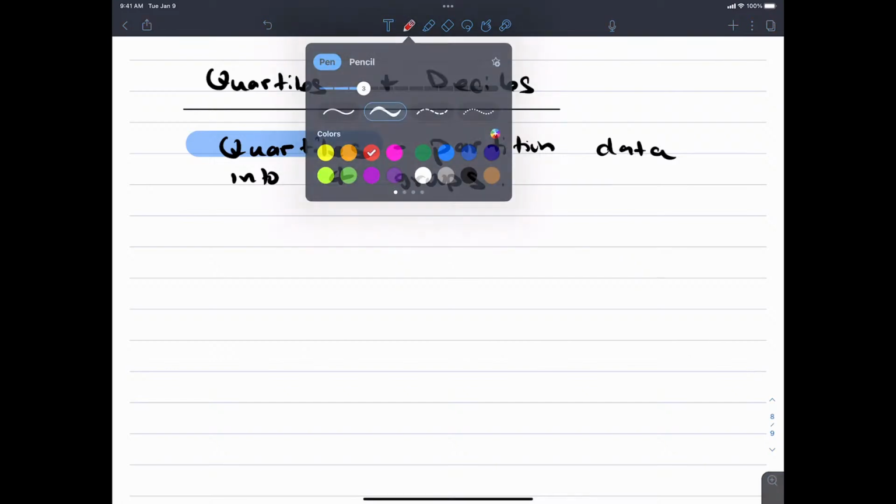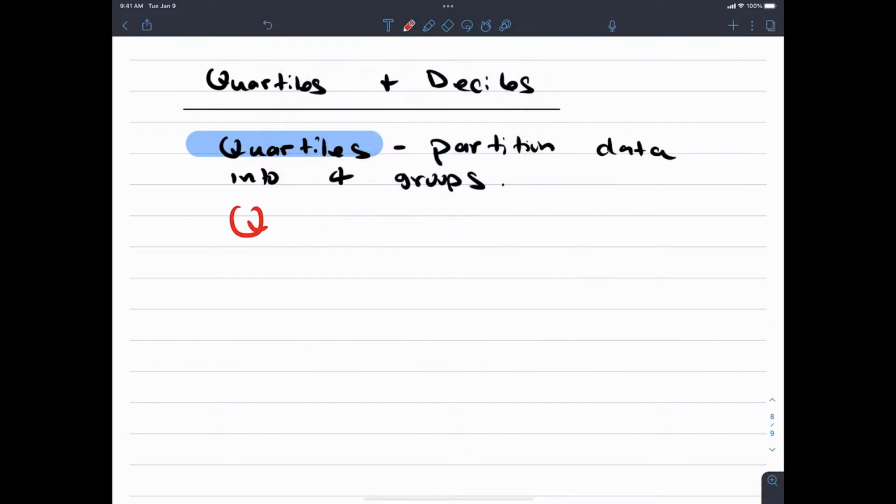When you think of quartiles, think of the word what? Quarters. Good. That's what I do. So this is simple for me because I say, percentiles is when you partition your data into what? 100 groups. You guys see what I'm saying? P1, P2, P3, all the way to P99. That really partitions your data into 100 groups.